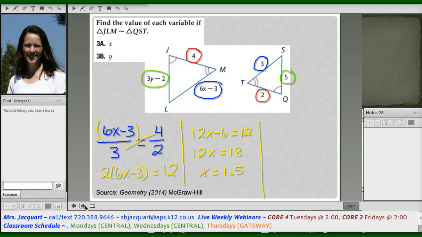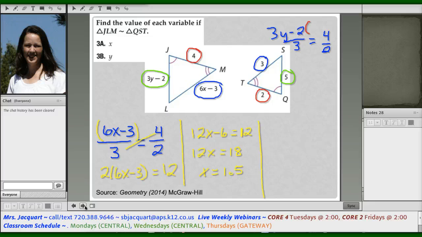Okay, so let's set up our other one. We're going to have to go above. The other one, we're going to set up 3y minus 2 all over 3 equals 4 over 2. Cross multiply.